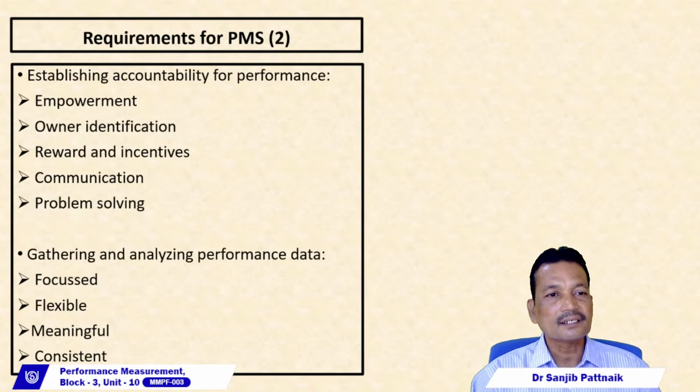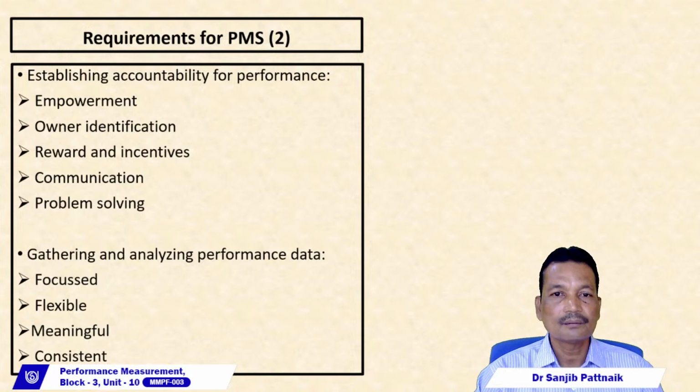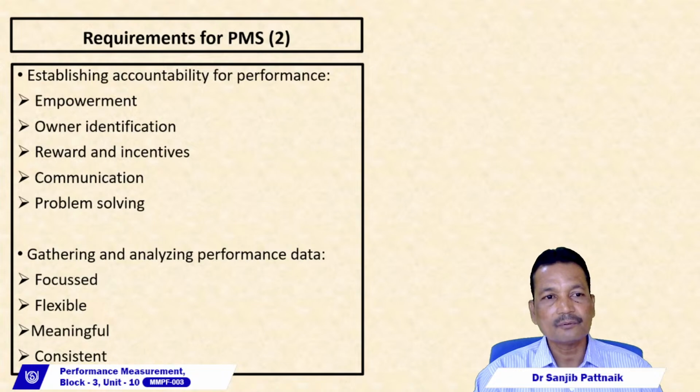Now we are looking at establishing accountability for performance. First is empowerment. Second is owner identification. Third is reward and incentives. Then we have communication. Then we have problem solving.